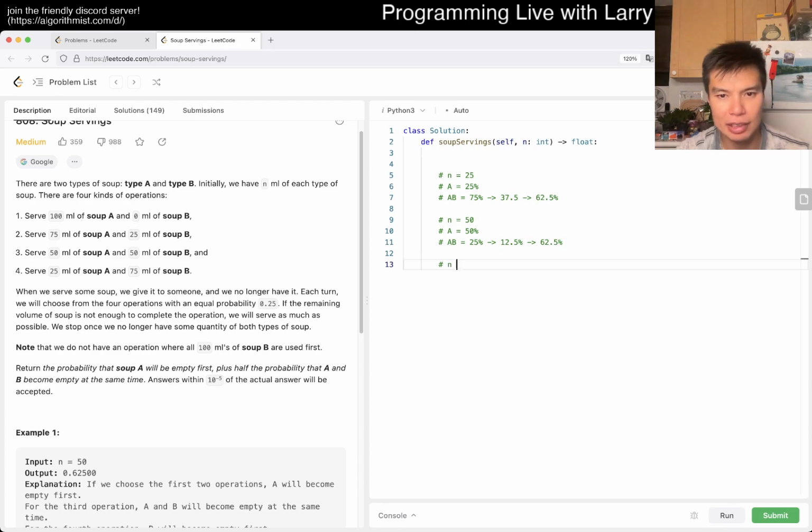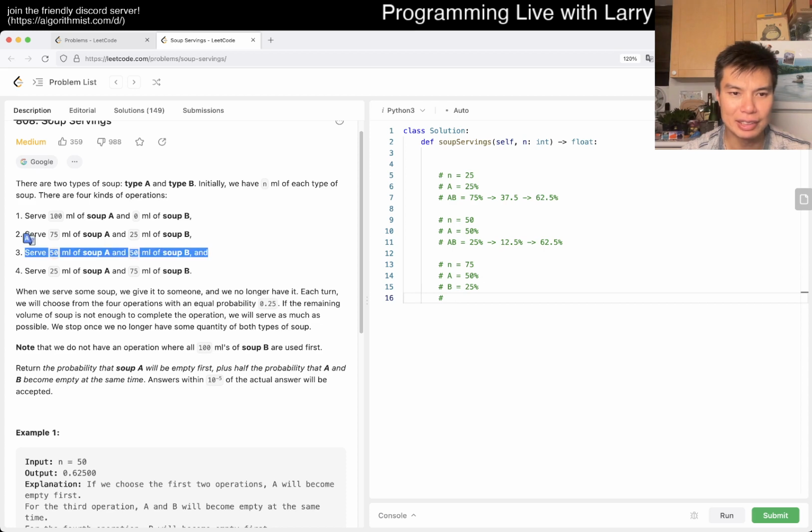Is that the case if n is equal to 75? Well, A is equal to basically these two, so 50%, right? B is equal to 25%. And then here there's 25% of going into f of 25, which is going to be 62.5. So I think we can just multiply this.